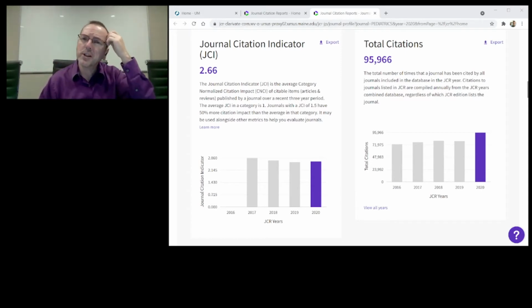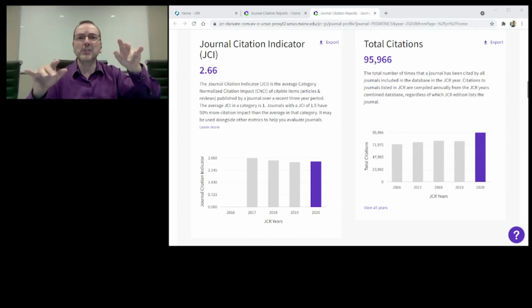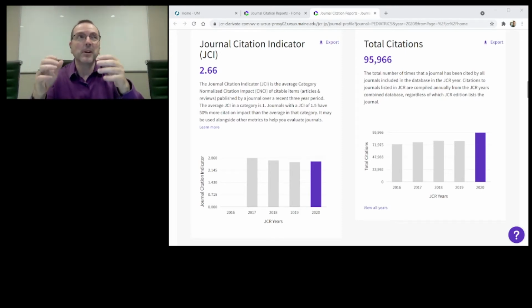So one approach to getting around that is using the journal citation indicator. And what the journal citation indicator does is it standardizes the impact factors based on the category of that journal, of that discipline, the field.